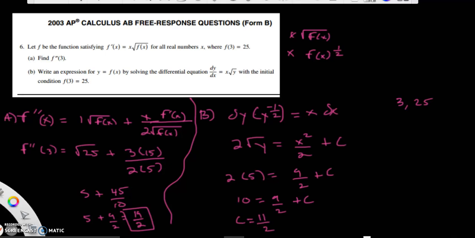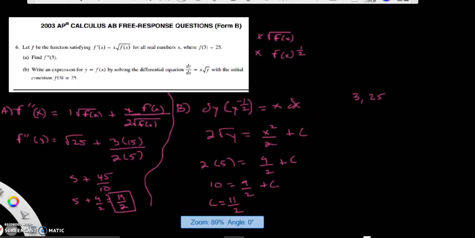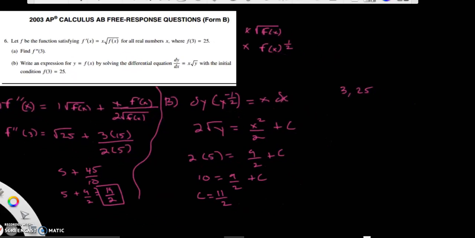Okay, so now let's plug that back in. Move this over so I have a little bit more room. So working off of this, we get 2 root y equals x squared over 2 plus 11 halves. So now we're going to get root y equals x squared over 4 plus 11 over 4, because you divide by 2.